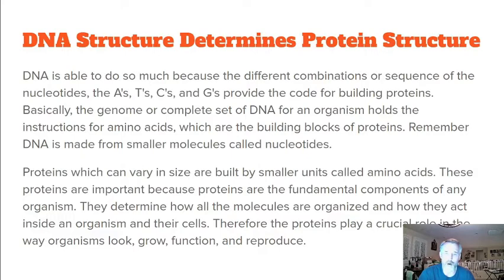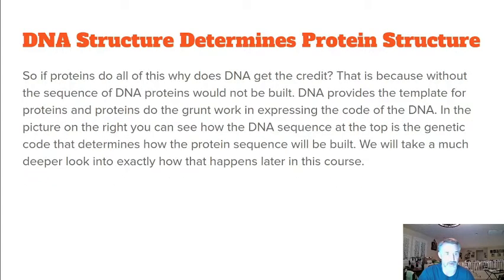These proteins are important because the proteins are the fundamental components of any organism. They determine how all the molecules are organized, how they act inside the organism, physical characteristics, metabolic characteristics. So therefore, the proteins play this crucial role in the way the organism looks, grows, functions, and reproduces. So if proteins do all of this, then why does DNA get all the credit?